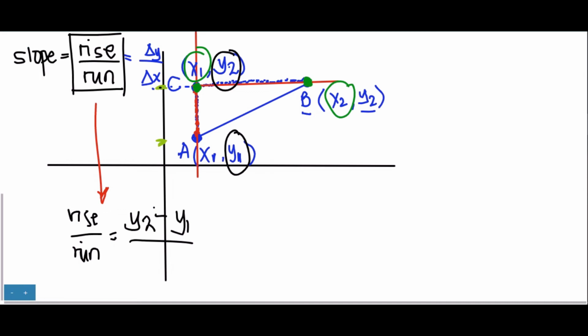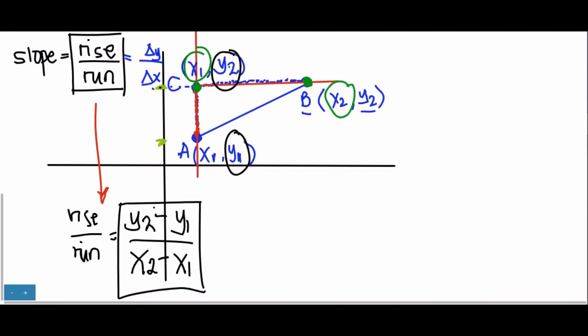To get the distance between x sub 1 and x sub 2, we get the difference between the two coordinates. So x sub 2 minus x sub 1 will tell us the distance between the two coordinates. And this now represents our slope formula.